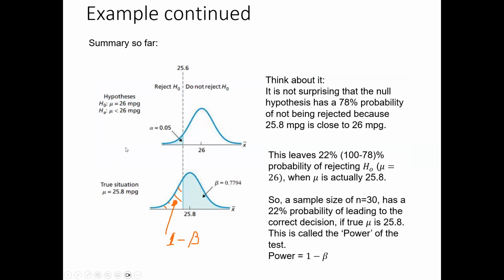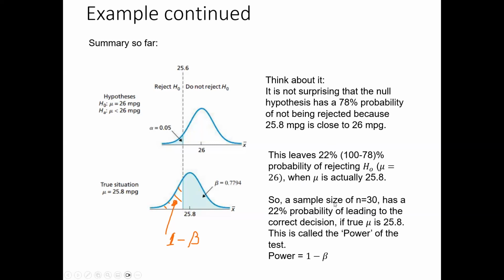So going back to where we've been so far, if this is beta, 1 minus beta is what's to the left. And that was 100 minus 78, or around a 22% probability of rejecting the null. Remember, the null claims that the mean is 26, and actually it was 25.8.